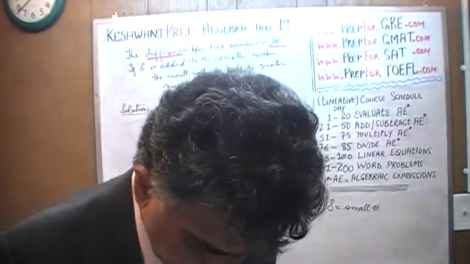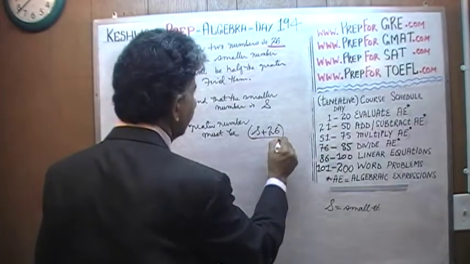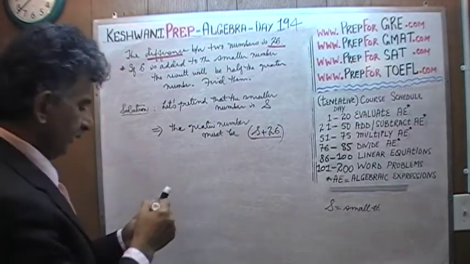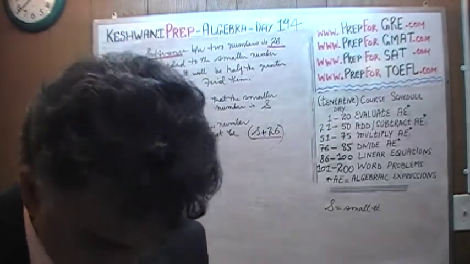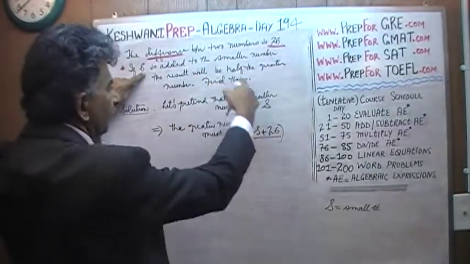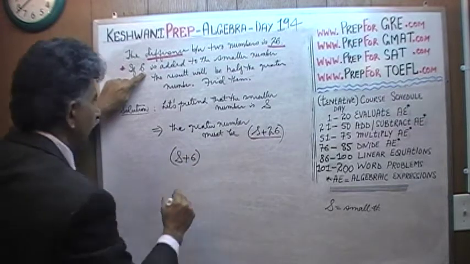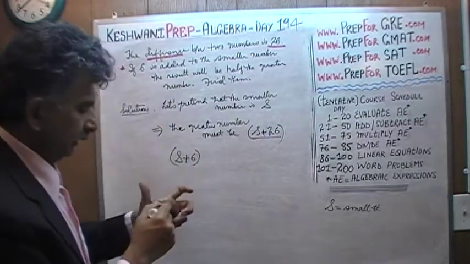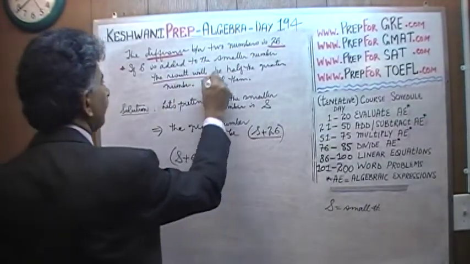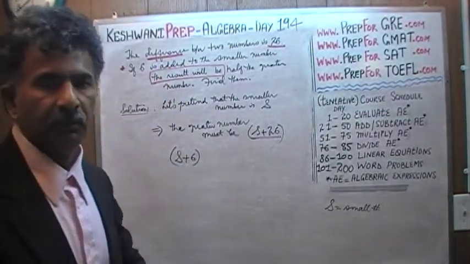Now all we have to do is read the next sentence. So this part that we just did came from the first sentence. Now we do the second sentence. The second sentence tells us that if we were to add 6 to the small number, here is our small number, then the result will be, how do we translate that into the language of algebra?